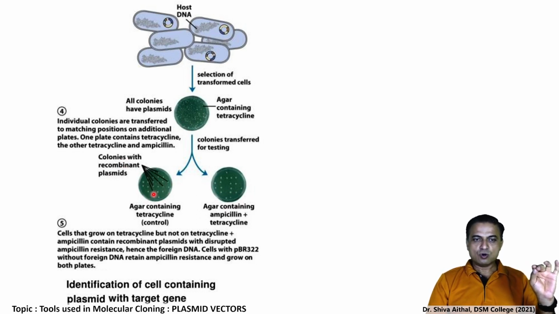The cells that grow on tetracycline but not on tetracycline plus ampicillin contain recombinant plasmids with a disrupted ampicillin resistance gene, due to the foreign DNA. Cells with pBR322 without the foreign DNA retain the ampicillin resistance and grow on both plates. So this is how the identification of a cell containing the plasmid with the target gene is done.